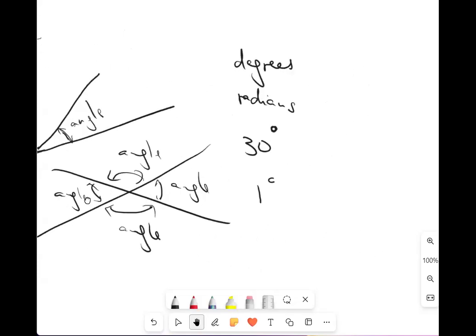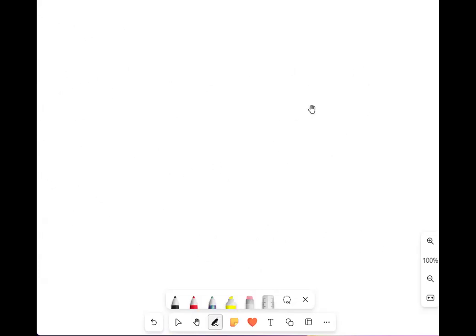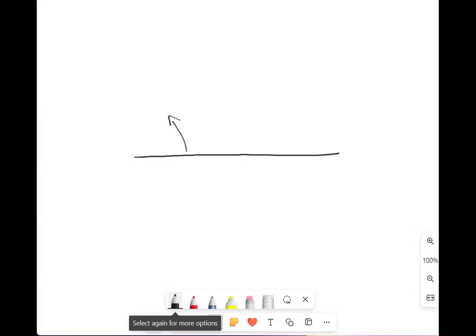You can also have an angle formed when you have a line like this, a horizontal line. If you were to take this line and rotate it up, and the line ends up there.